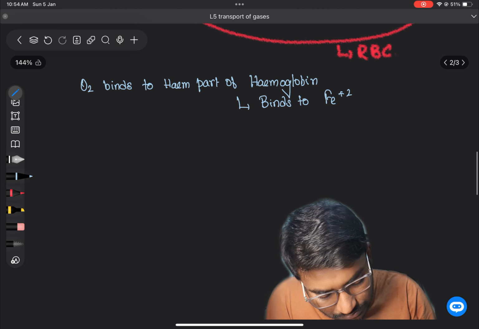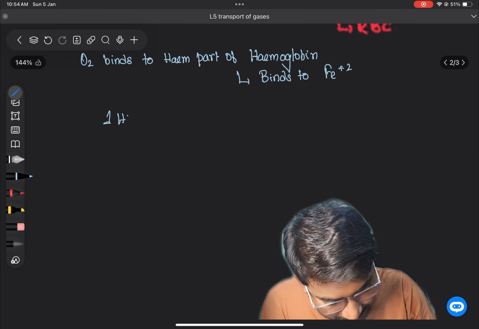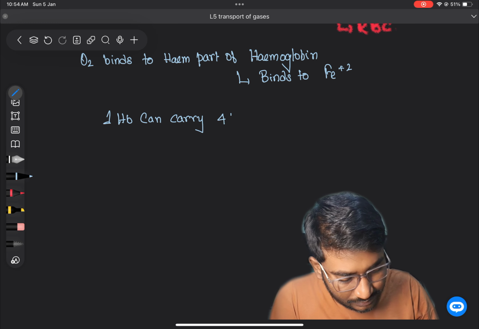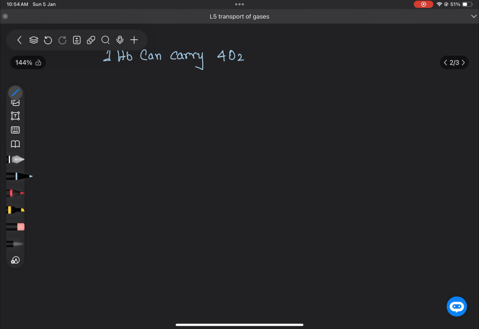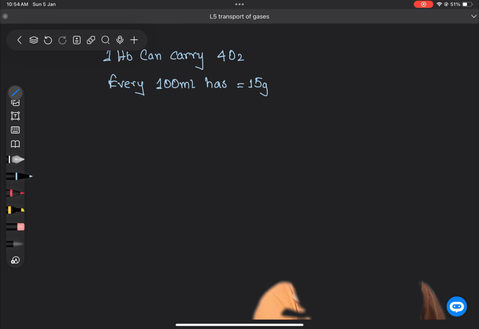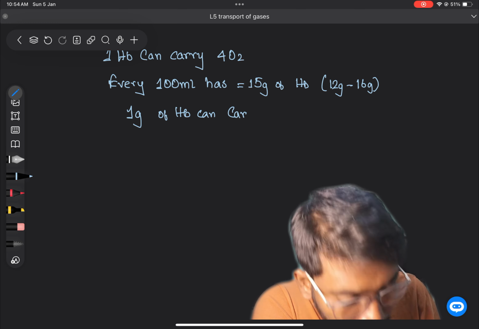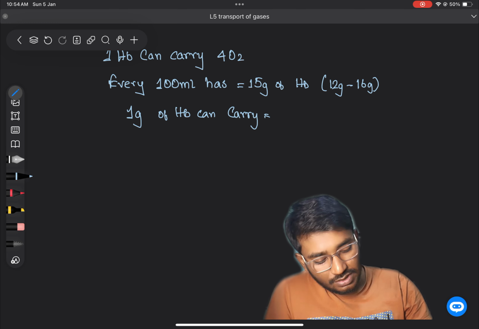One hemoglobin can carry 4 oxygen. Every 100 ml of blood has 15 gram of hemoglobin, normally 12 to 16 gram. 1 gram of hemoglobin can carry 1.34 ml of oxygen.